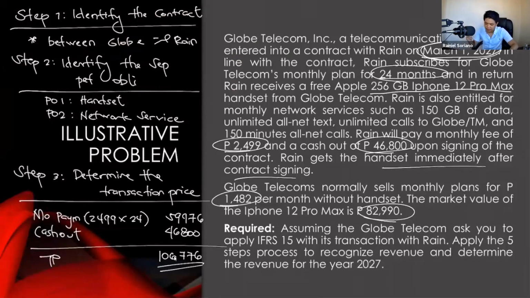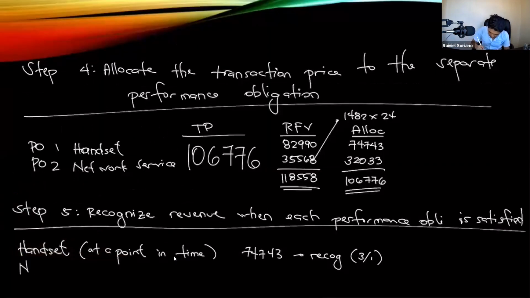You with me? But with regards to the network service, Globe cannot provide the network service all at once. Meaning, monthly, kailangan niyang mag-provide ng network services. Monthly, kailangan niyang i-renew yung gigabyte, yung data, yung unicall and text. Tama ba? Therefore, pagdating dun sa network service natin, situate that over the period of time tayo dito.